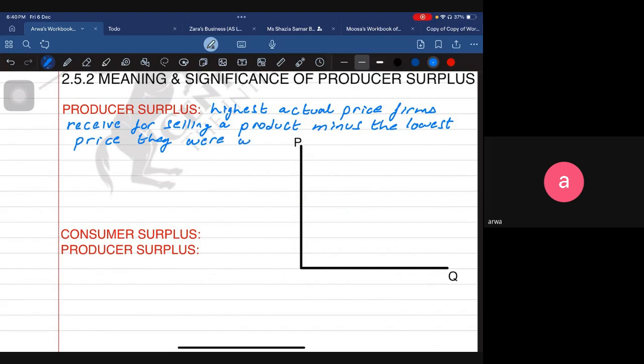So here, the diagram will look like this. I think it was the area above the supply curve and under the price.